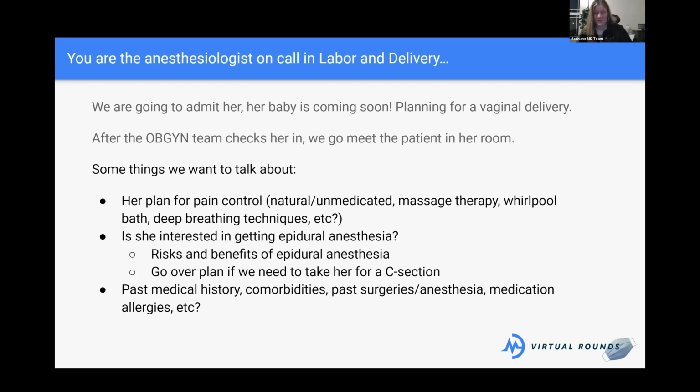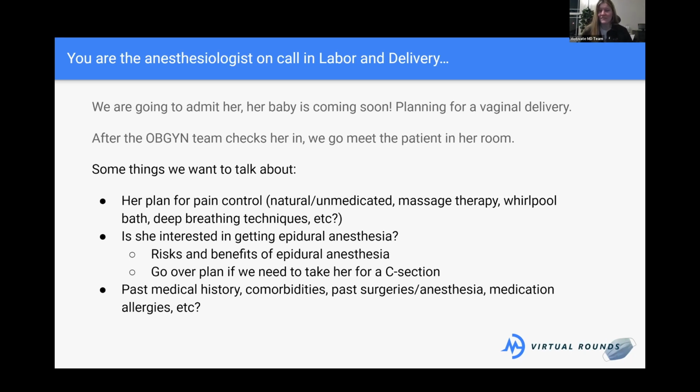We do want to ask her though if she'd like to get epidural anesthesia and go over the risks and benefits, because a lot of patients are unsure of what that process looks like, and that can factor into their decision of whether they'd like to pursue that or not.